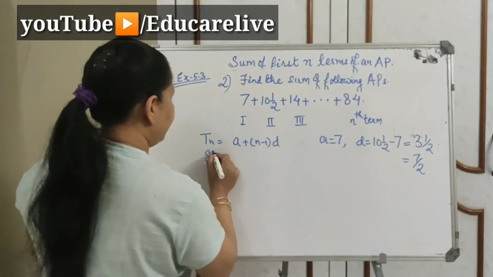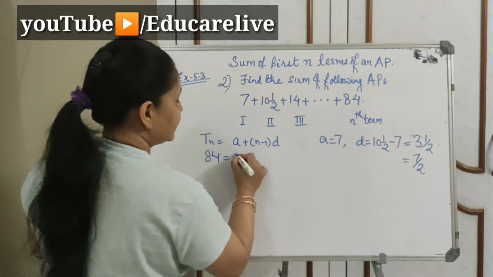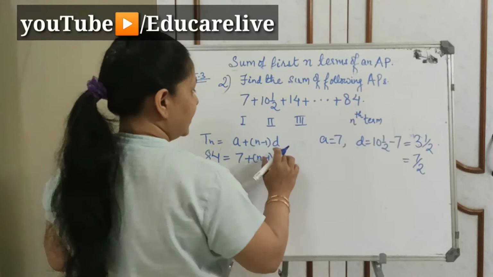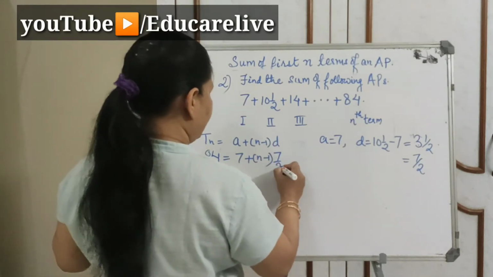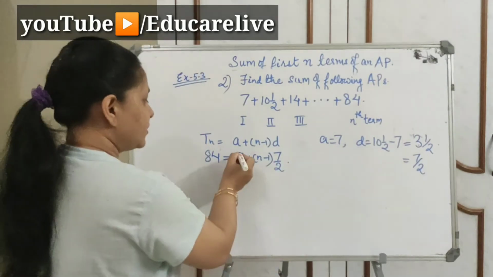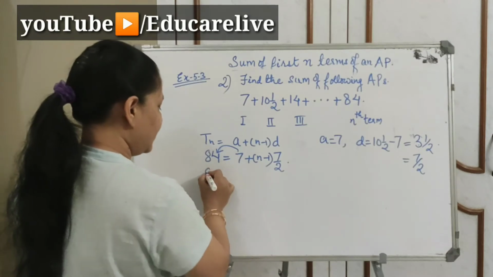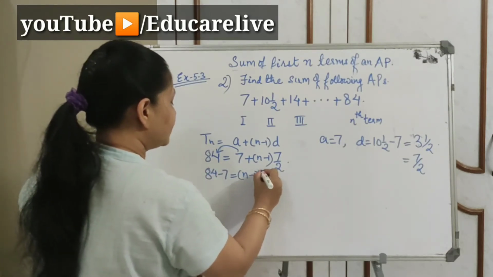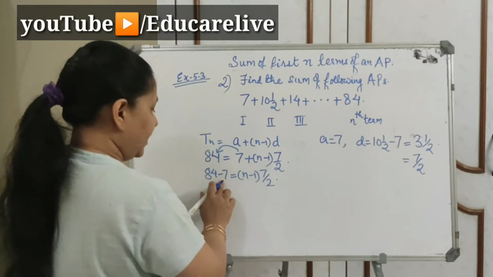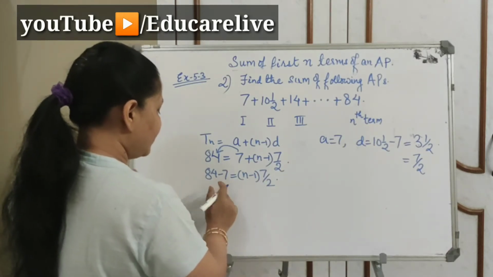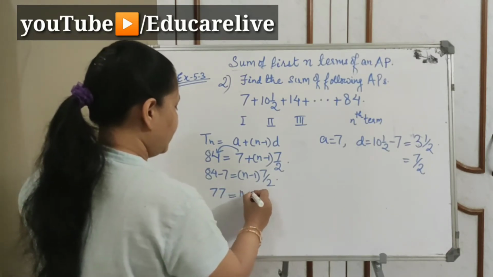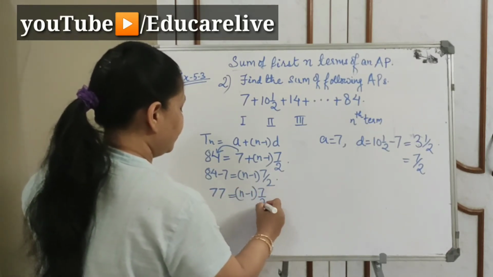The nth term is 84. So we write A is 7, and let the unknown be n minus 1, D is 7 by 2. First of all we transfer 7 here, so 84 minus 7, and here we have n minus 1 into 7 by 2. 84 minus 7 gives 77.